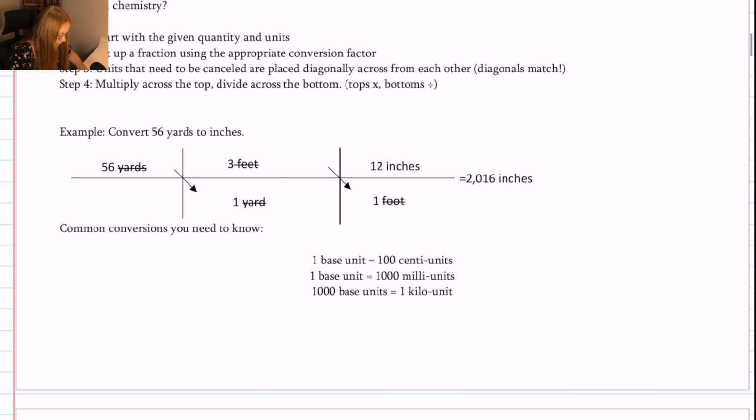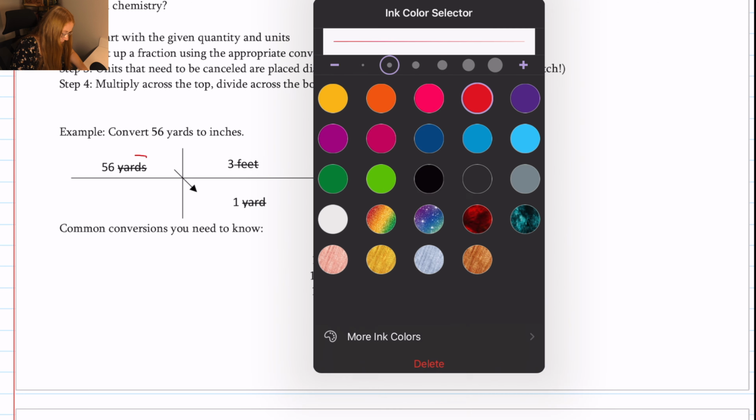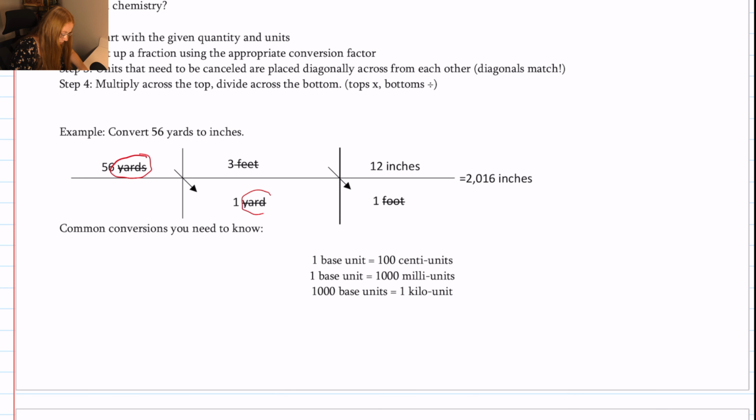And if you do it correctly, you'll see that the corresponding units should be diagonal from each other, one on top, one on bottom of the fraction, which does mean it goes away. Notice the numbers do not go away. There's still a 56 and a 1, but the units themselves have canceled.